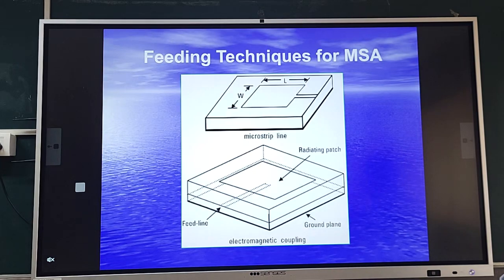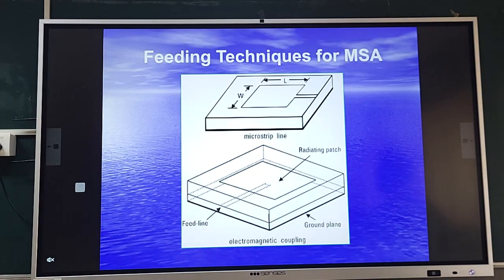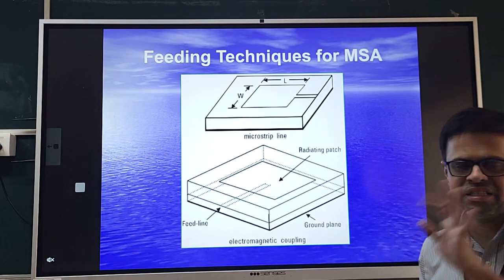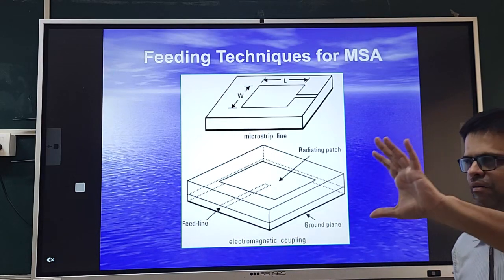Or if I use the higher dielectric constant substrate as required for the microstrip line, then my microstrip antenna will not radiate. So there occurs a conflict between the roles, properties or design features of the microstrip antenna against the microstrip line. That is a very important disadvantage with respect to microstrip line feeding.